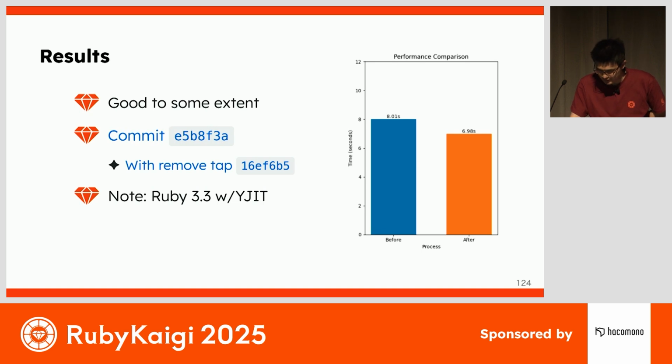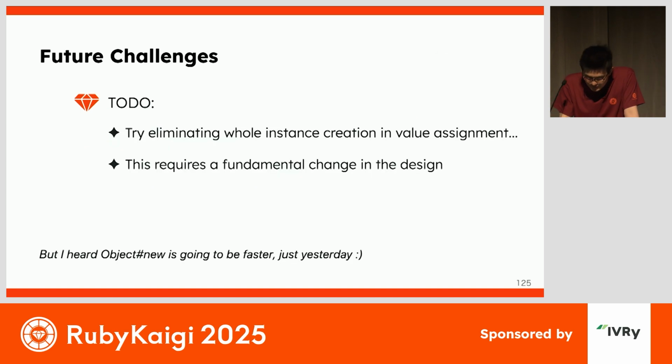This did result in a speedup of about 1 second in measurement. Note that the result includes a commit that eliminates some object type calls. However, ideally, immediate values should be used for integers and floats, but this requires significant design changes, so it's marked as a to-do. Actually, I heard Object.new is going to be faster, just yesterday.